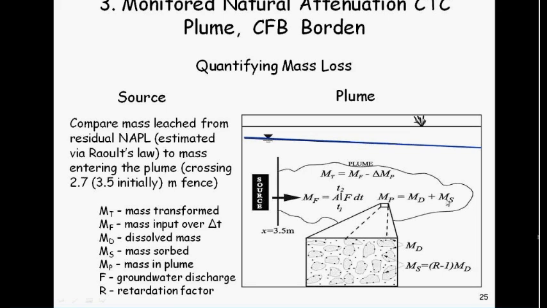That sort of works, but it's crude. So the mass transformed in the plume is equal to the mass that comes in minus the change in the mass in the plume. So over a time period, if you said X comes in and there's only Y in the plume, then how much is degraded is X minus Y.